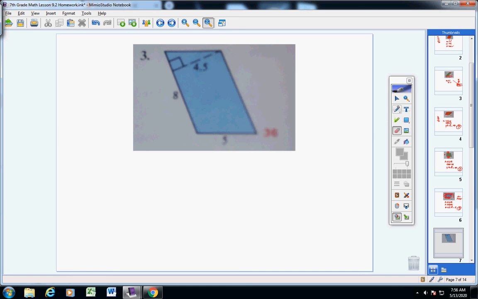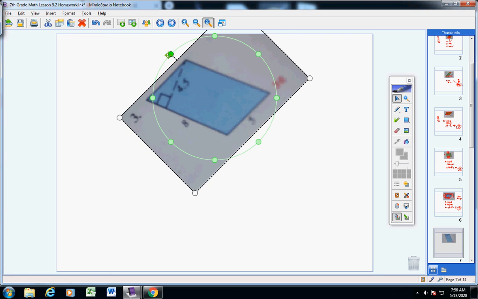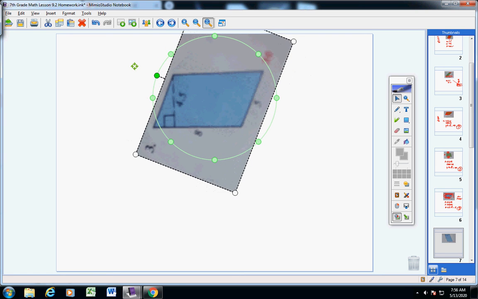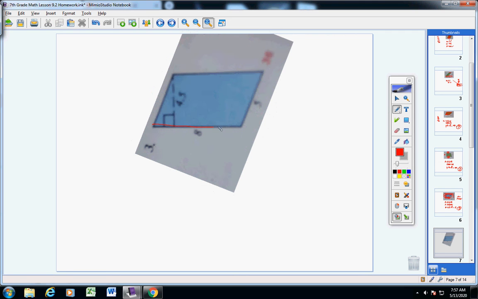So, guys, we have to know the base, we have to know the height. I would grab this, I would turn it like that. There we go. Now we have our base is 8, and our height is 4.5. Okay? So, area of a parallelogram is simply base times height.